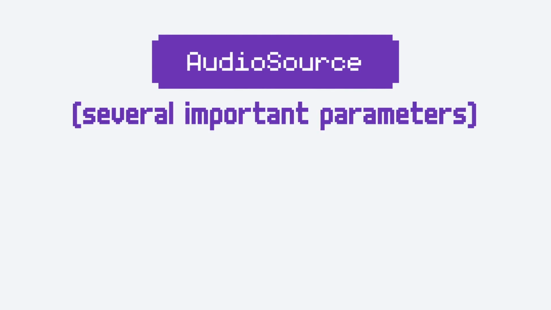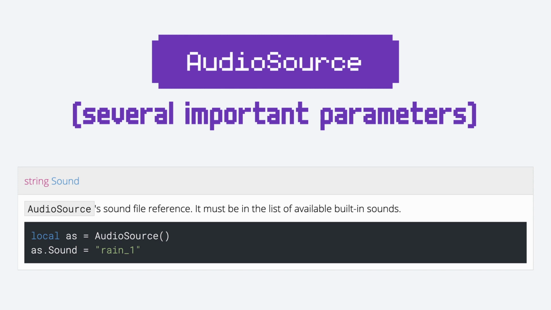An audio source is characterized by several parameters. The most crucial one, of course, is the sound that it's playing. That's either a string referencing a built-in audio clip, or a more complex pack of data that you streamed from a sound file of your own, but in any case, this determines what noises or music notes the source will actually emit.